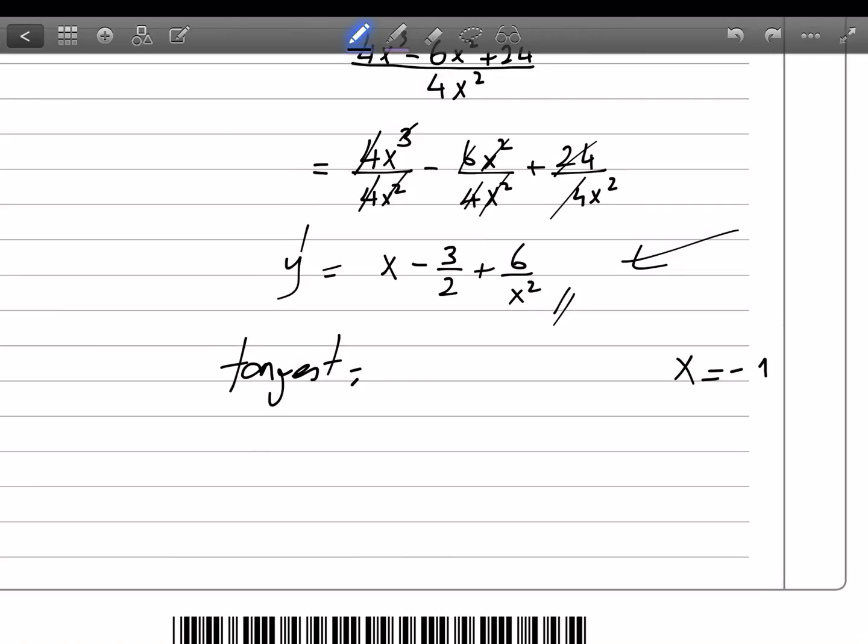Let me write: f prime of minus 1 is minus 1 minus 3 over 2 plus 6 over minus 1 squared.